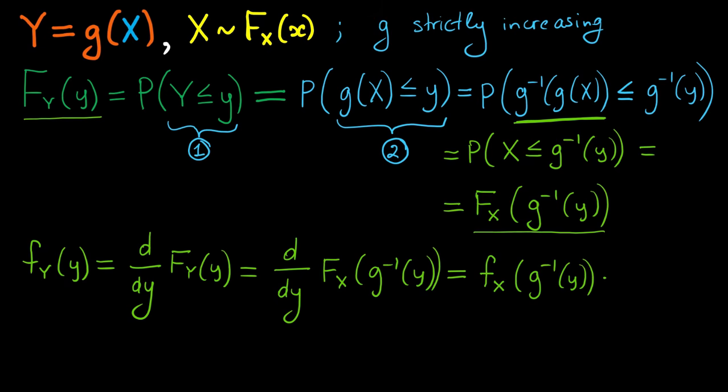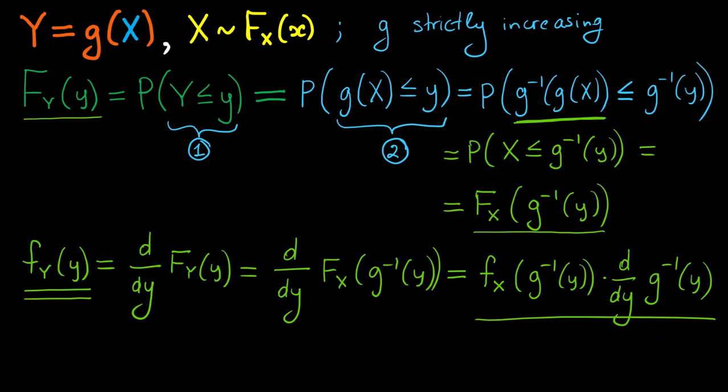And by the chain rule, we'll also have to take the derivative of the argument, which will be d/dy of g inverse of y. We now have an expression for the PDF of y in terms of the PDF of x.